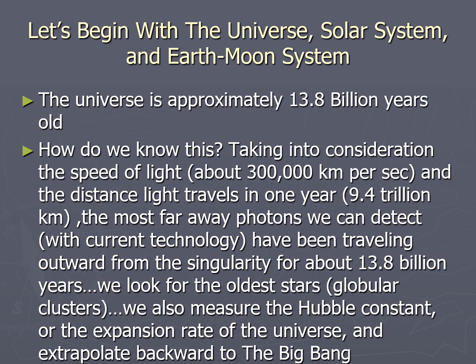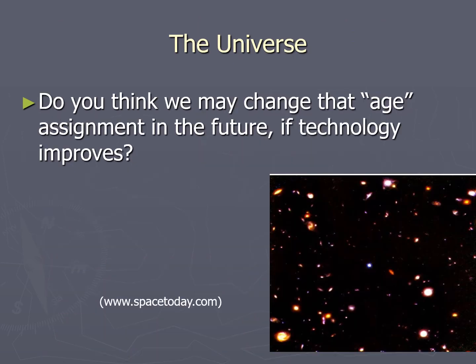So that's why we went from 13.7 to 13.8 billion. Okay, so question here. Do you think that the age assignment of the universe may change in the future if technology improves? Well, it already has, and it'll probably change some more.